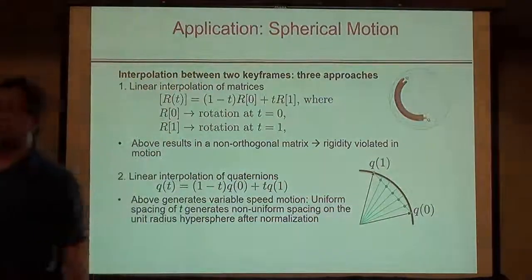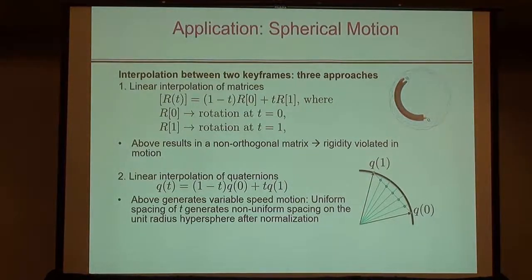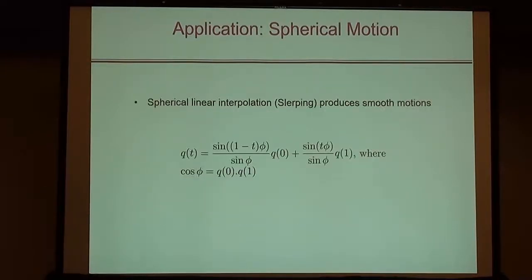So when you rotate from the first position to the last position, the speed wouldn't be the same, because this process will create a slow down and moving faster, an accelerating process. Now, there is a way of creating a uniform speed interpolation. The way you want to do it is to interpolate such that the length of the unit quaternion doesn't change. It remains a unit quaternion.